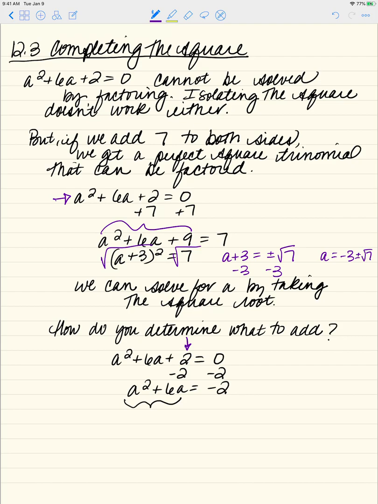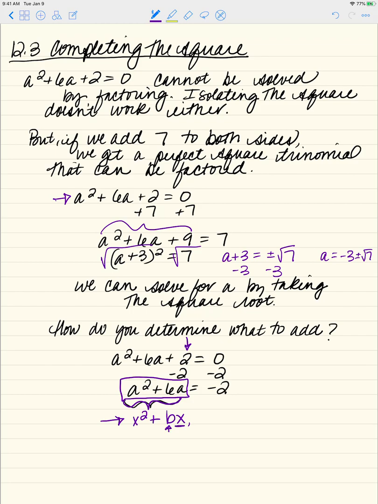What we're most concerned about at this point is what's left right here. And we are going to call this the form x squared plus bx. When we're trying to complete the square of an expression in this form, we add the square of half of the coefficient of x, okay?